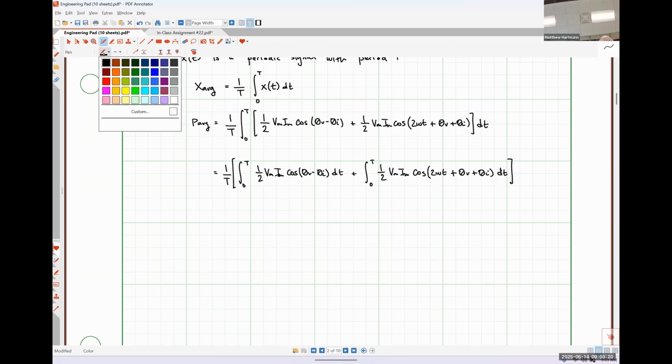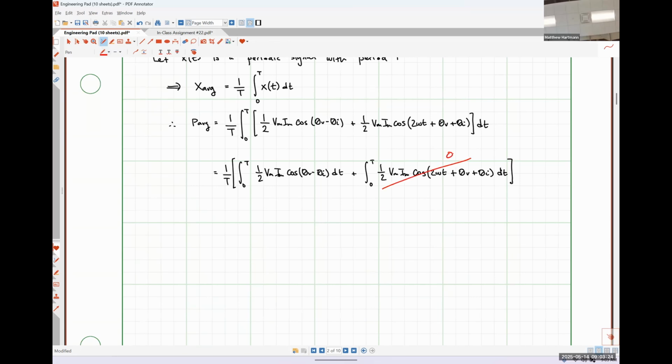So this whole thing right here is literally just 0. We would have 0 divided by our period, which is just 0. And again, anytime we integrate a sinusoid over an integer number of periods, and I'm stating that because I'm going to use that relationship in class on Friday, the result is always just going to be 0.